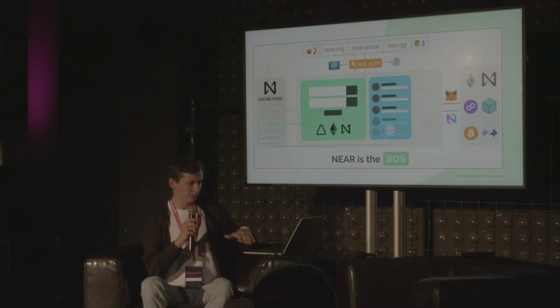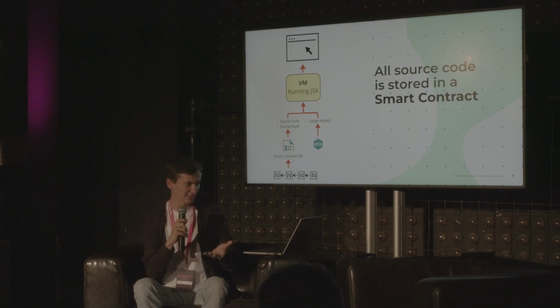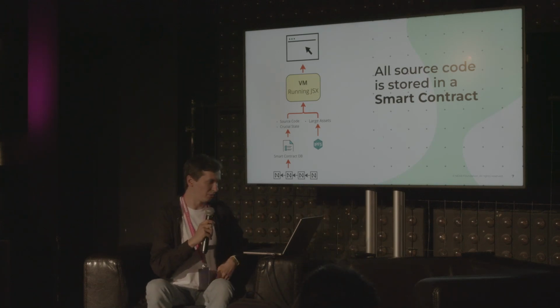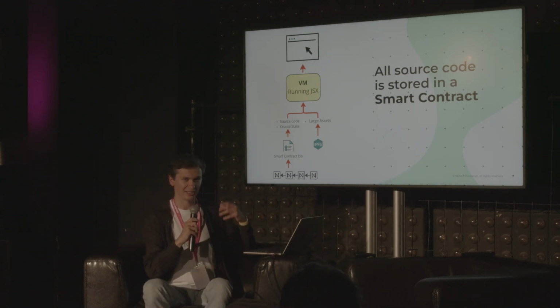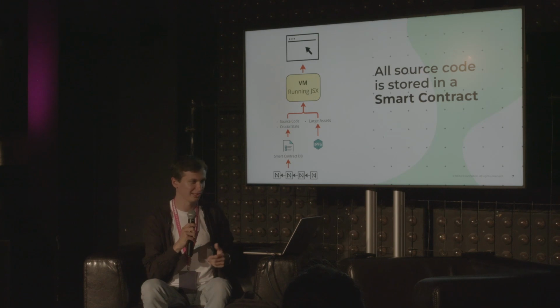And instead of having all that code living somewhere else, it's all available on blockchain, and you can run it and see it on your screen through the small runtime process.